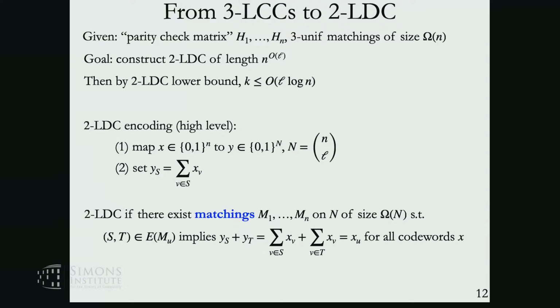So in other words, this ST edge induces one of these parity check equations from your matrix, or maybe not an equation in your parity check matrix, but some equation in the dual code, and that's what you use to decode. If you think of this as a locally decodable code, your 2 queries here are S and T to y, and then you can recover x_u from this.